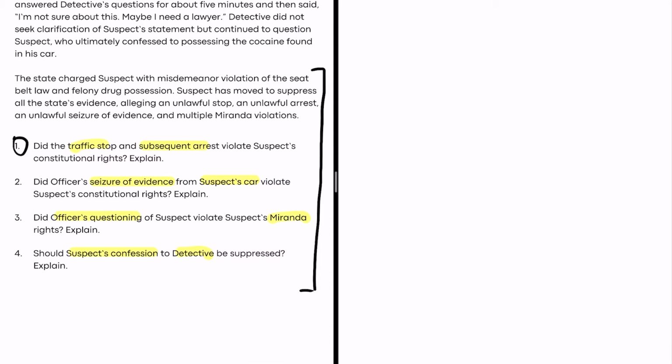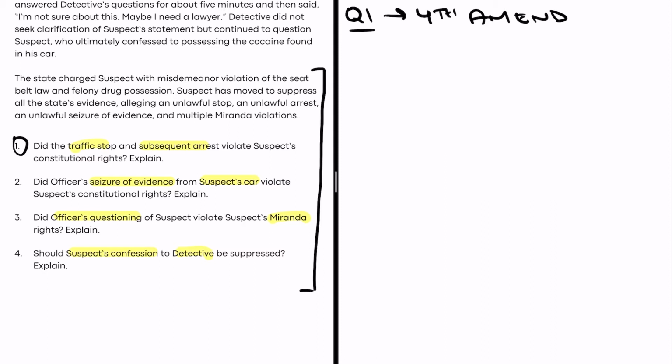Did the traffic stop and subsequent arrest violate suspect's constitutional rights? Explain. So question number 1 really looks like it's about the Fourth Amendment, and specifically, it looks like it's about seizures of a person.